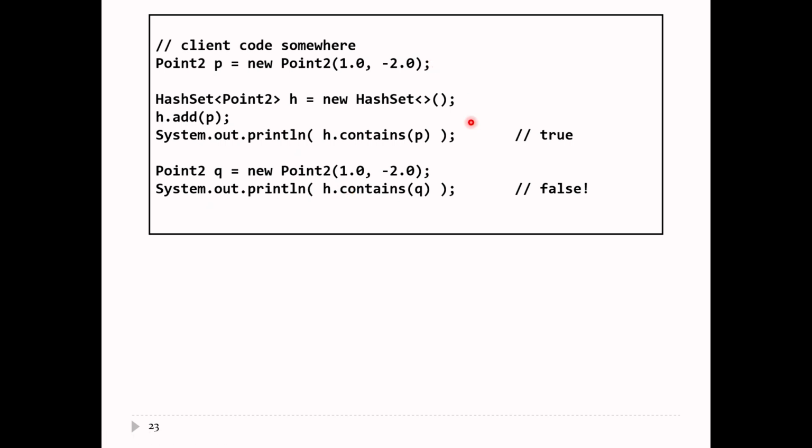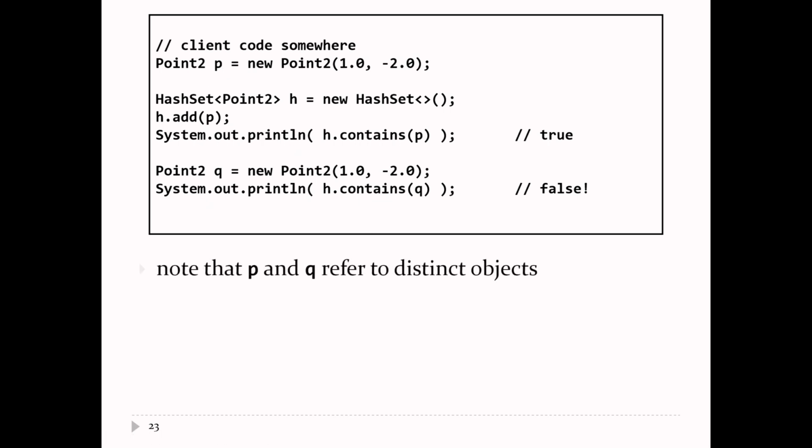Because they're different objects, they have different memory locations. That means when the hash table calls hashCode on P, it's going to return a different value than when it calls hashCode on Q. Different memory address, almost certainly different hashcodes.